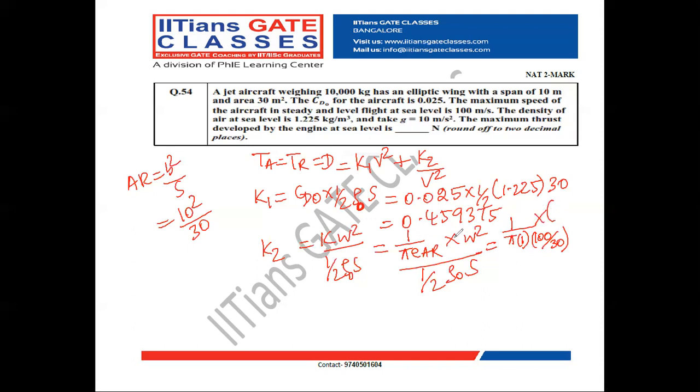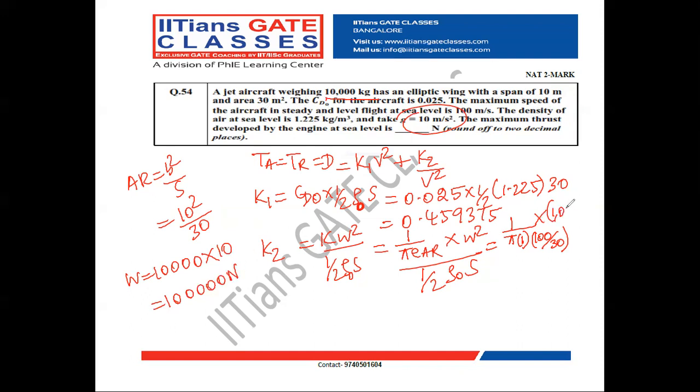Into weight square. Weight is in kg, so if I have to convert it into Newton, I have to multiply it by acceleration due to gravity, which is given here as 10 meter per second square. If I multiply by 10, it becomes 1 lakh Newton.